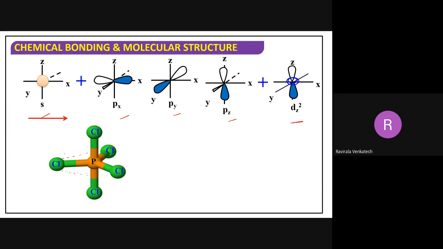Now this will be bipyramidal. One pyramid, the first pyramid, and the next pyramid. So this is called trigonal bipyramidal. This is the trigonal bipyramidal structure.